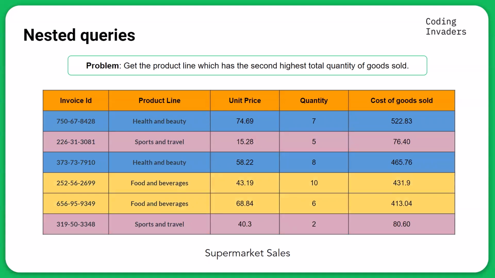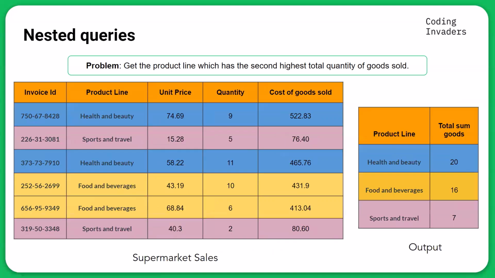Here we are grouping by the product line. In this example, we have 2 records for health and beauty. Now, if we group this by product line and apply the sum aggregation function to the quantity column, we get the output as shown.